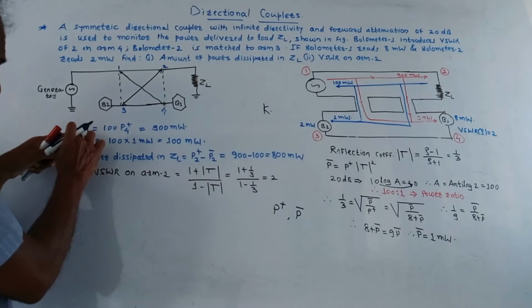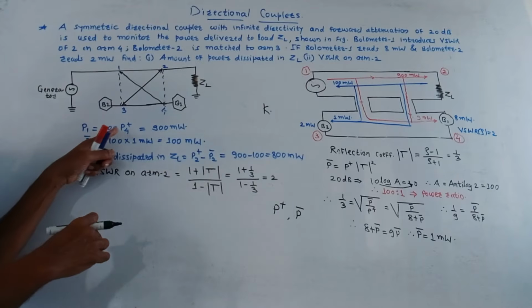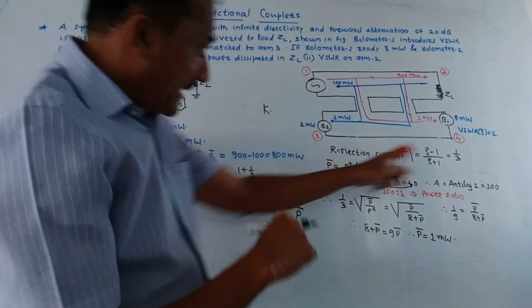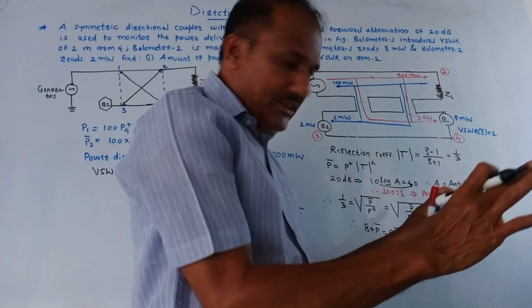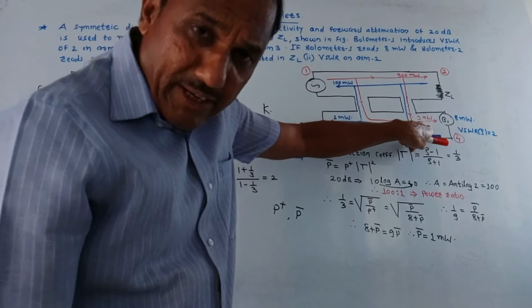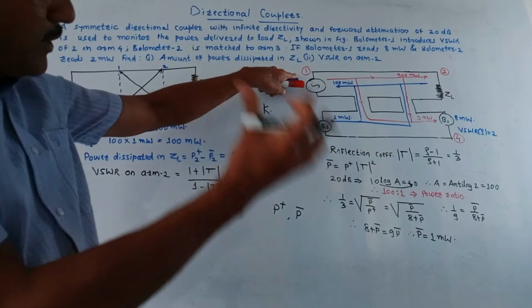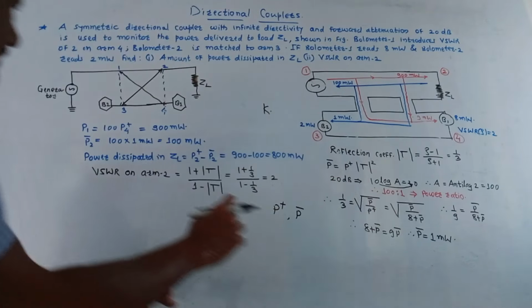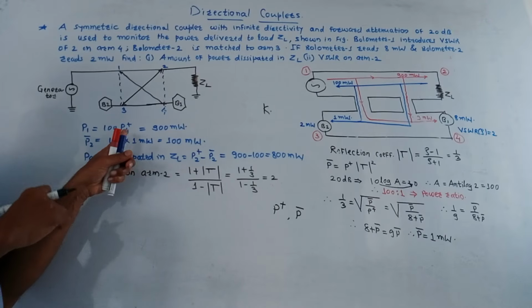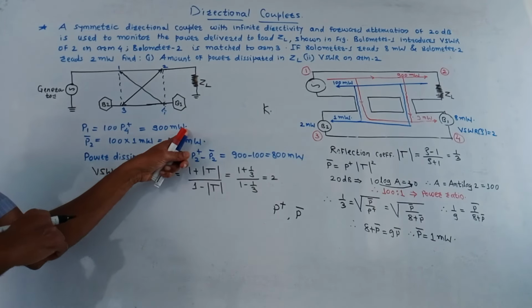Now P1, that is incident power at port 1, is 100 times P4 plus. See, this is port 4. Just now we discussed the power ratio is 100:1. This value is 9 milliwatt, so 100 times this value you will get at port 1. So P1 is 100 times 9 milliwatt, that is 900 milliwatt.